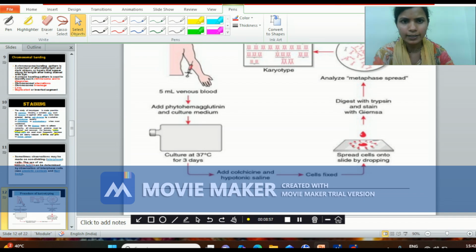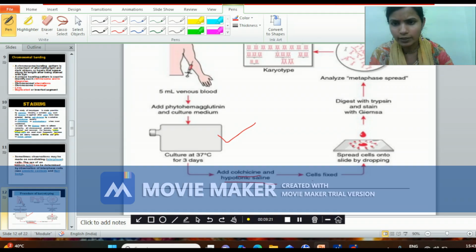Here you can see WBCs taken from the body. Then phytohemagglutinin is applied and it is put in a tissue culture for 3 days, and then colchicine is applied and it is put in a hypotonic saline solution.